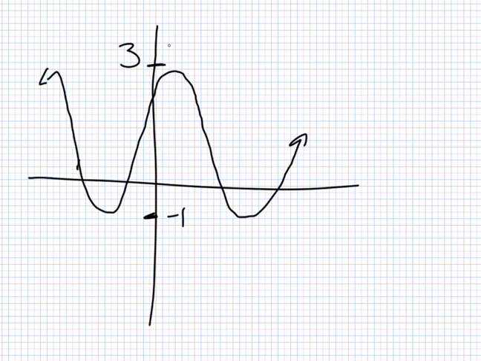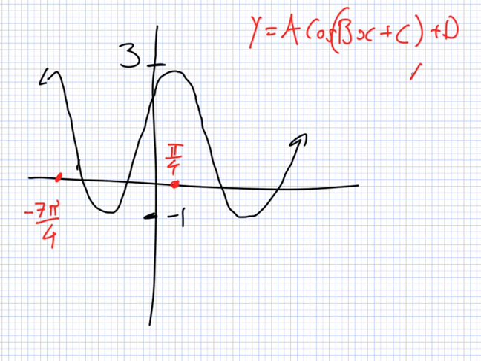And I tell you that this point here is pi over 4. And I also tell you that this point here, which is important, is minus 7 pi over 4. And I also tell you that this is y equals a cos(bx + c) + d, and a is positive.